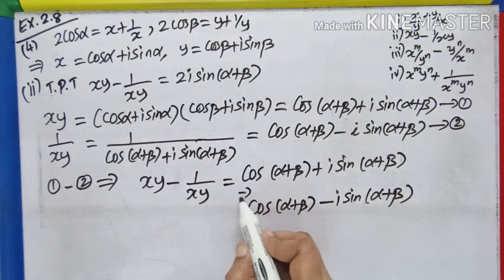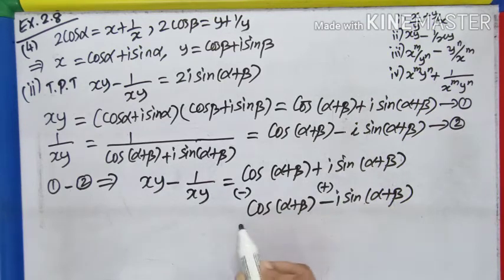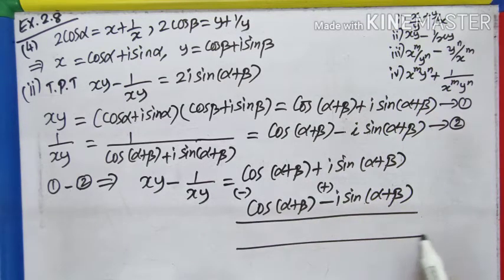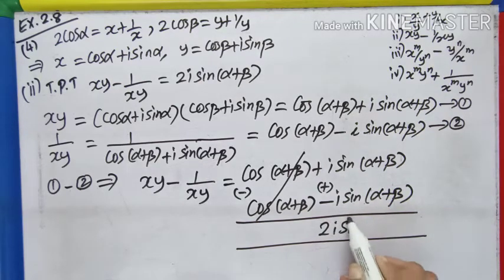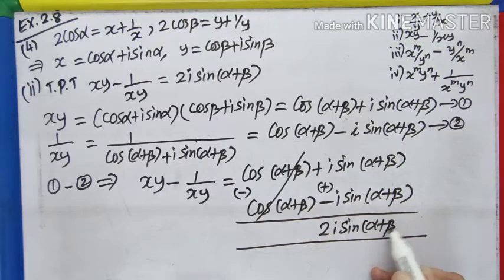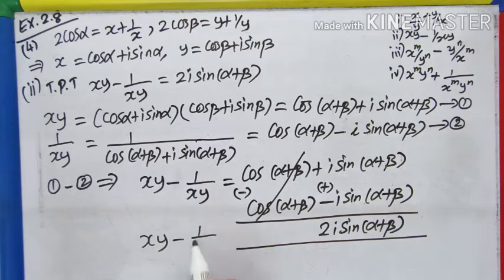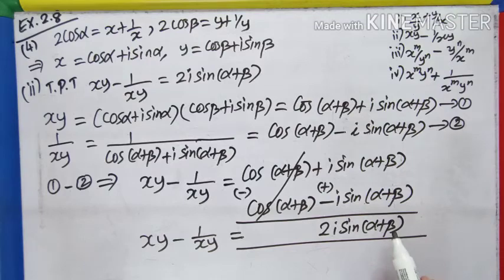So this is minus and this is plus. So what is my answer? Cos and cos will get cancelled. i sin plus i sin is 2i sin alpha plus beta, and that is the result. So xy minus 1 by xy gives me 2i sin alpha plus beta.